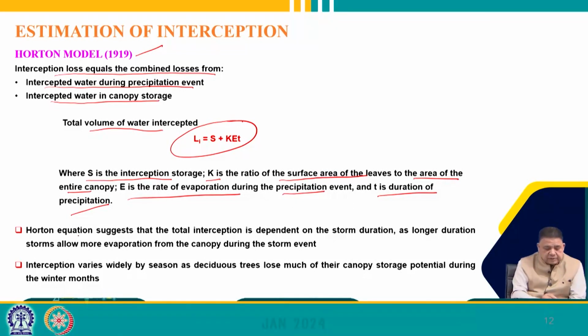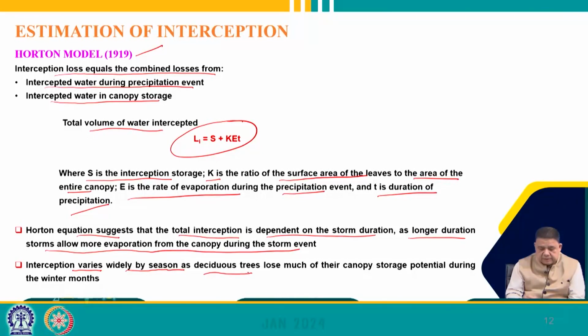The Horton equation suggests that the total interception depends on the storm duration, as longer duration storms allow more evaporation from the canopy during the storm event. Obviously, T is the duration of precipitation, so if T is high, Li will be high. Interception varies widely by season for a simple reason.